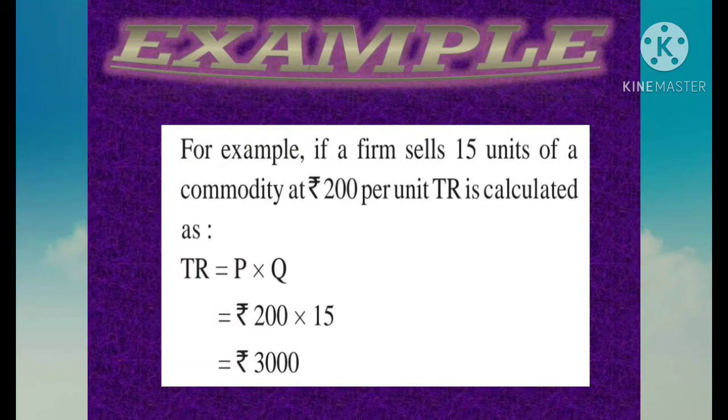The price in our example is 200 rupees into quantity given is 15 units of sale. Therefore, 200 multiplied by 15 is rupees 3000, which is the total revenue of a firm.